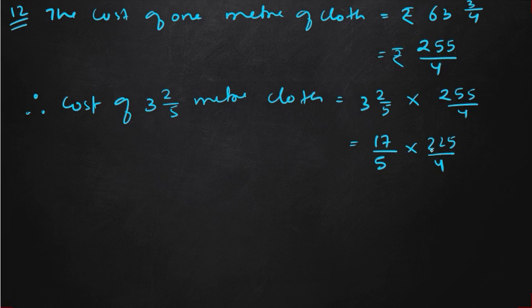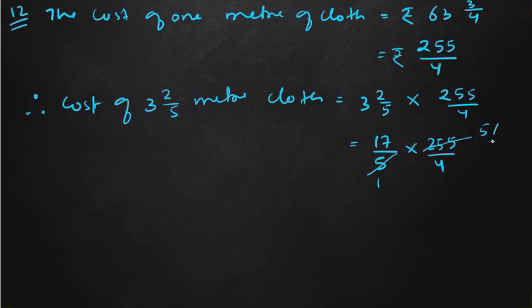Okay, so we can cancel. 5 1s are 5, 5 4s are 20, and 5 5s are 25. 255 divided by 5 is 51.